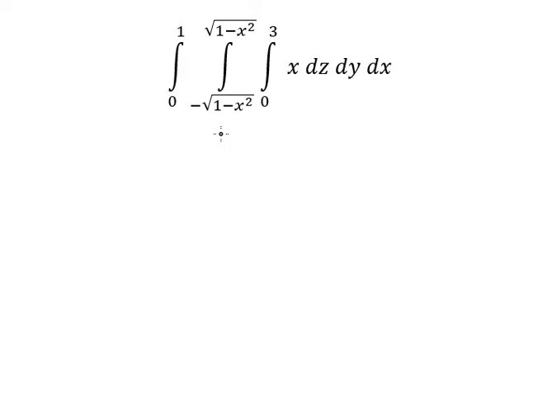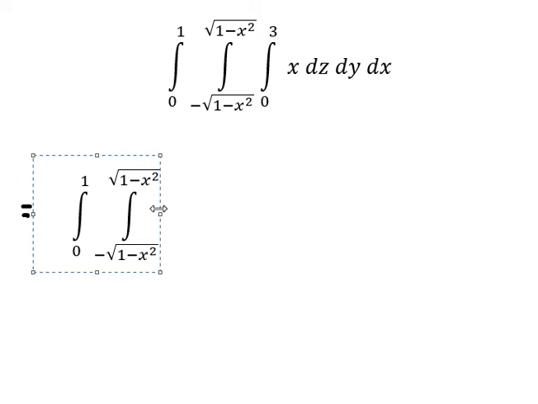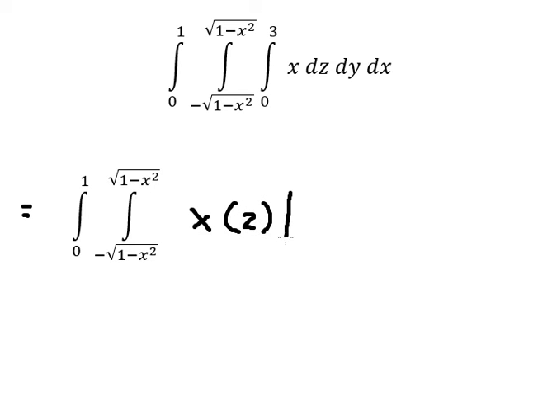So now I want to show you how to answer. We have dz, so we don't have z in here. The integration of this one, we have s multiplied by z, and we put the bounds from 0 to number 3.